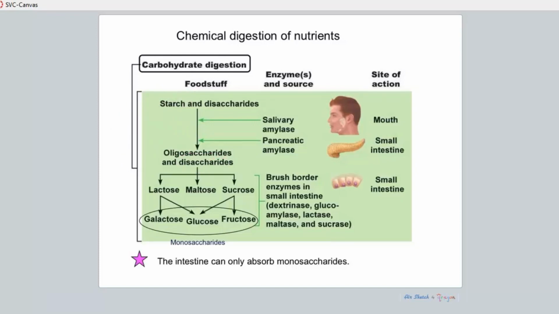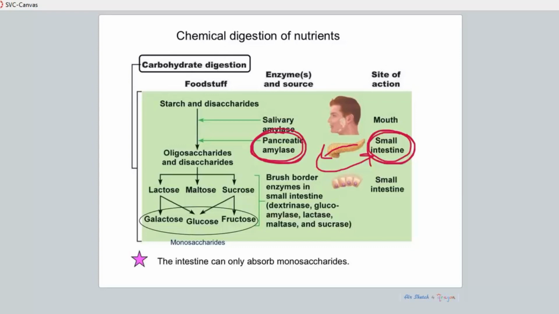It goes through the pharynx and esophagus, nothing. Does anything happen with regards to carbohydrates in the stomach? Nope. The next place it happens is in the small intestine. And what happens is the pancreas releases an enzyme called pancreatic amylase, which travels down the pancreatic duct into the small intestine. And that pancreatic amylase digests carbohydrates.